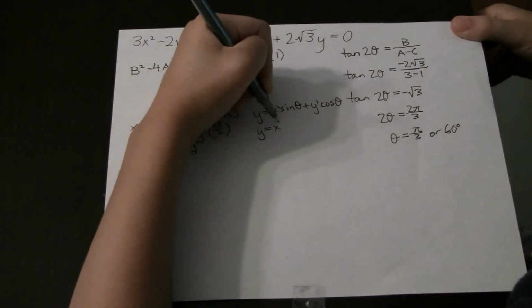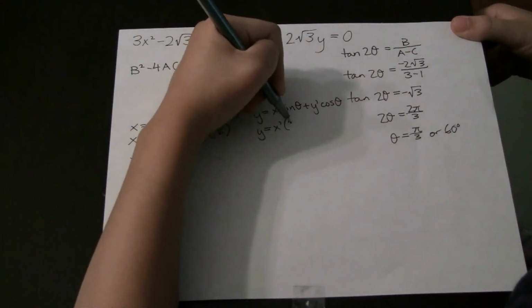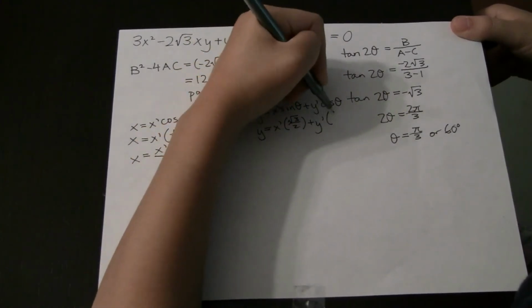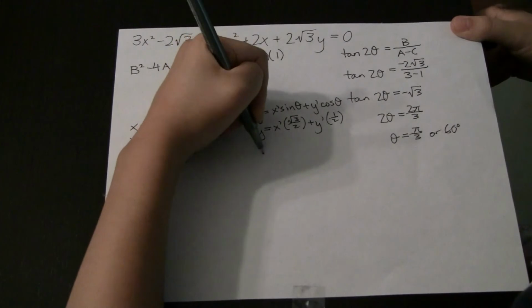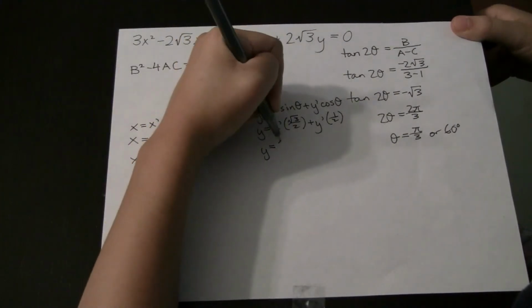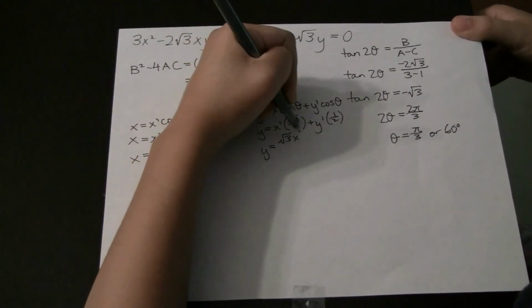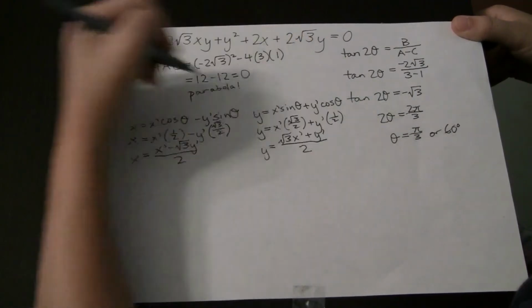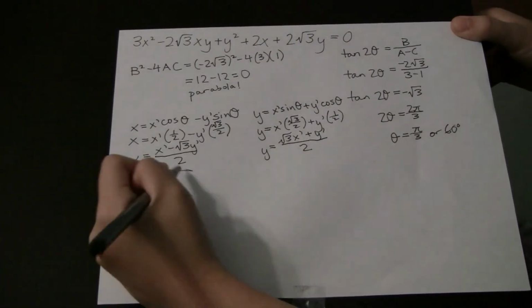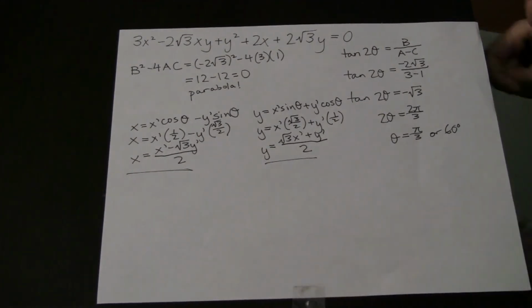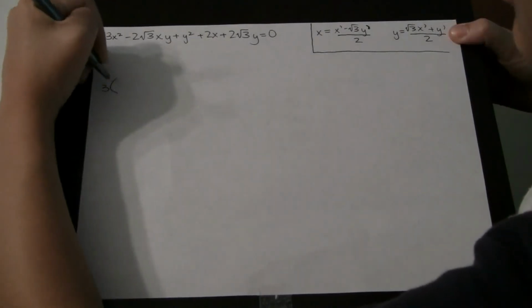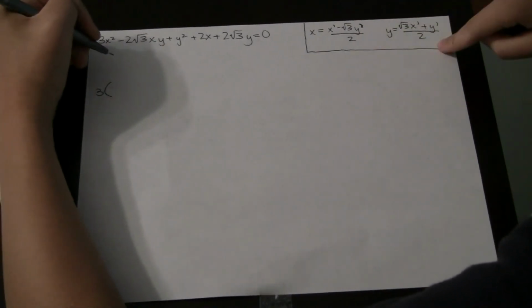Plug in, and simplified, you get root 3 of x prime plus y prime all over 2. And then you have your x and y values. Now it's time for our favorite step, which is actually plugging it in and foiling it. I'm going to plug in my x and y values.